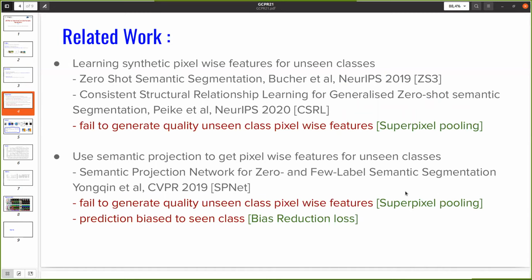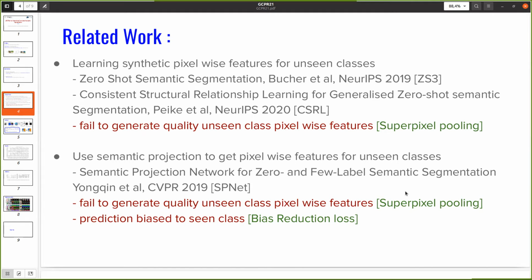Now we'll talk about related work in this domain. We have two major related work in this domain, which can be differentiated in two major topics. One is learning synthetic pixel-wise features for unseen classes, and next is using semantic projection to get pixel-wise features for the unseen classes. In the part where we learn synthetic features, we have two important papers.